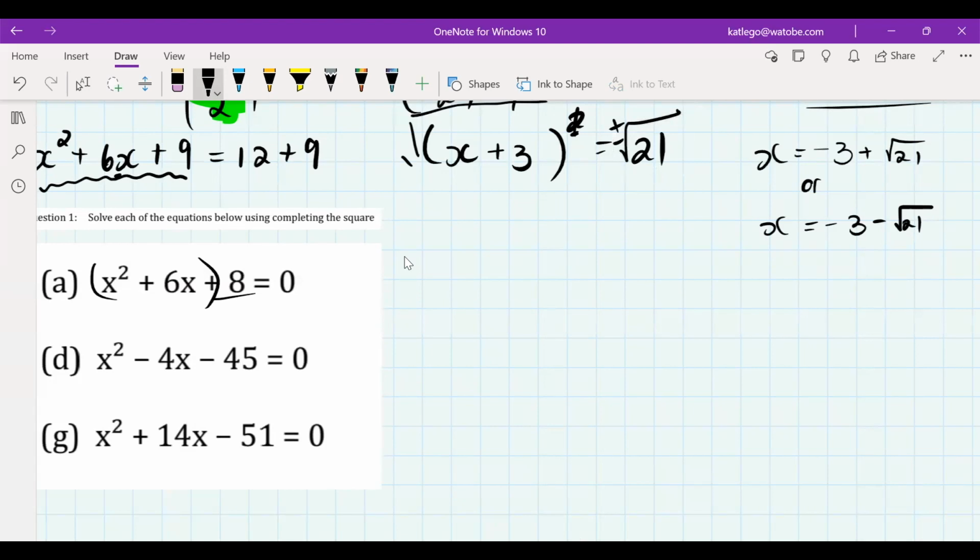So your constant will be confusing the whole process. So get rid of it, take it to the other side so that you can work with your 2 terms nicely. Okay, so x squared plus 6x equals, if I take it over, it becomes negative 8.